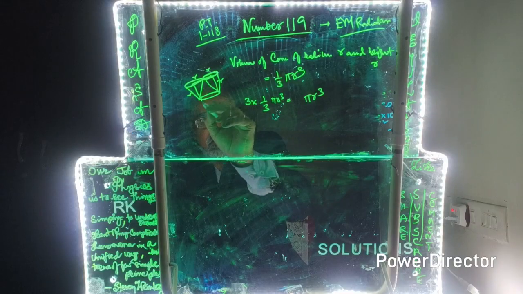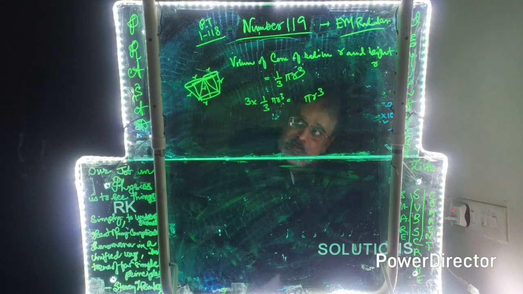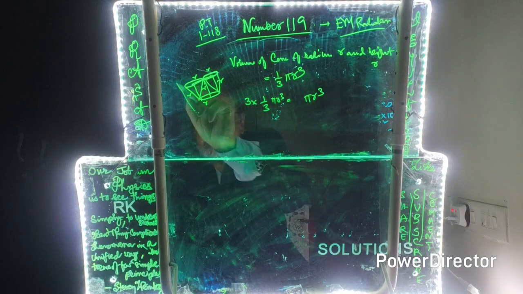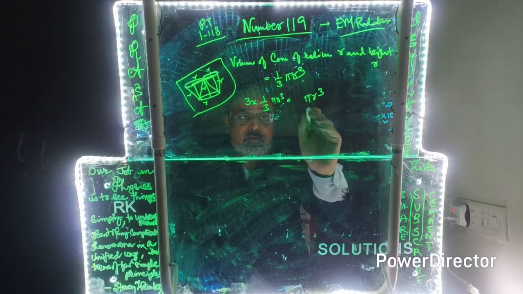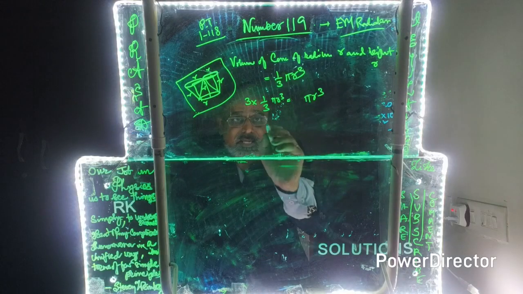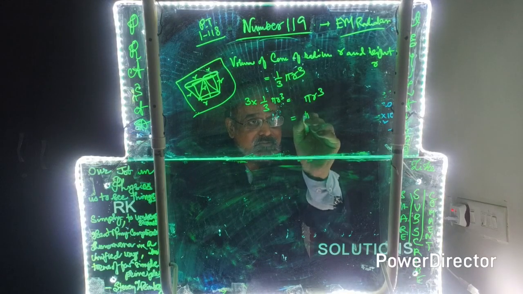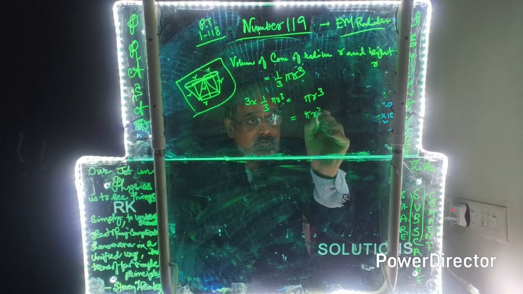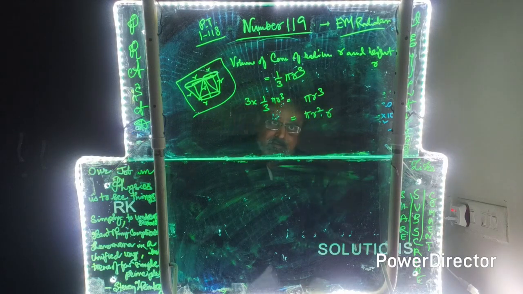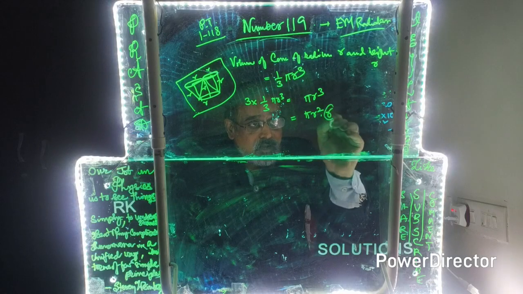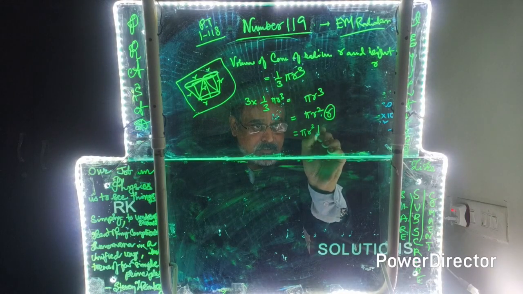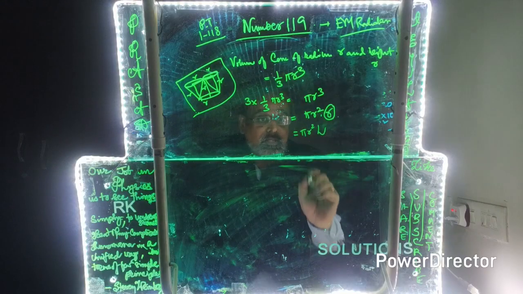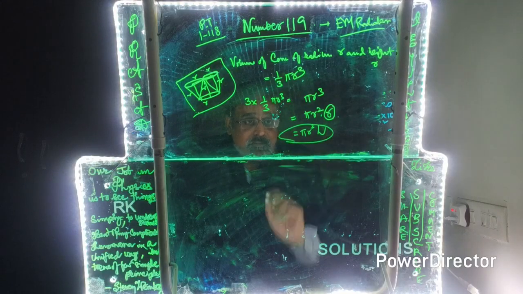If you take three such cones, what you get can also be written as pi r squared into r. If this r is h, you can write it as pi r squared h, height r, then it will be pi r squared h.